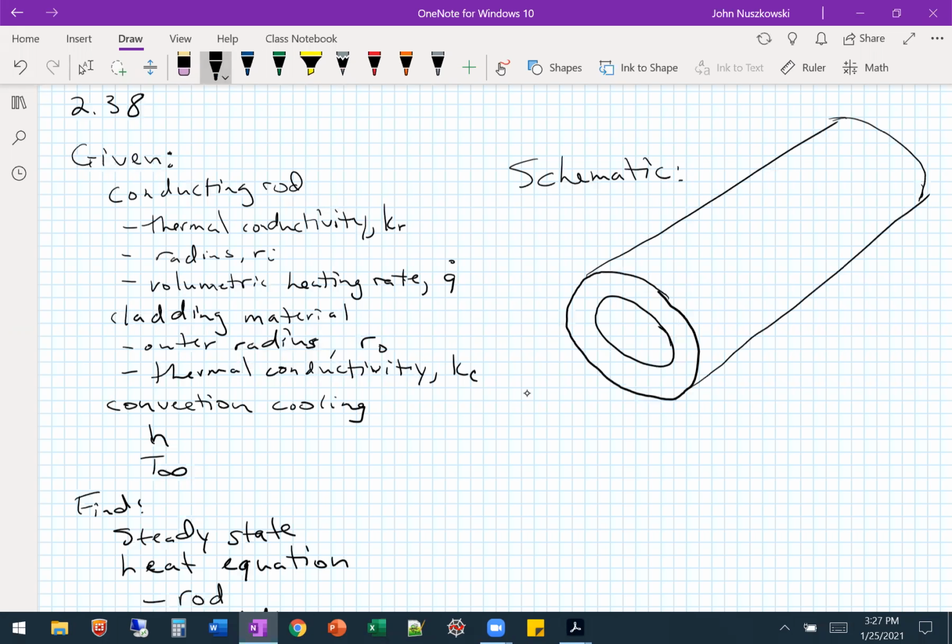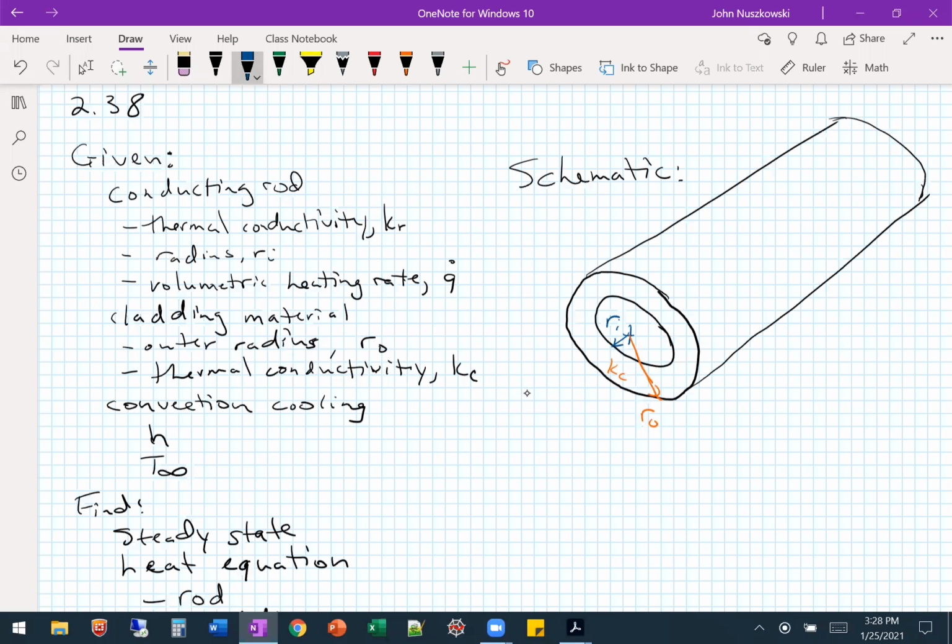All right, so we have then the conducting rod in the center, so that has our Ri, and then we have the cladding, it's our Ro. Cladding material also has its conductivity Kc. The conducting material inside has Q dot. I'm going to actually move this outside.